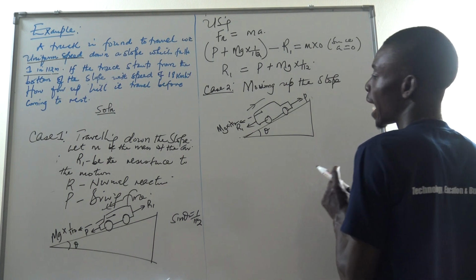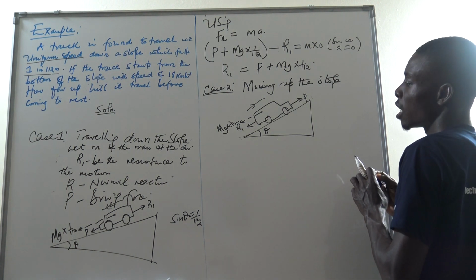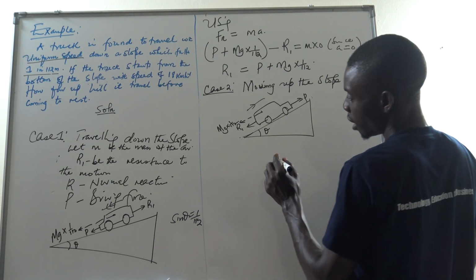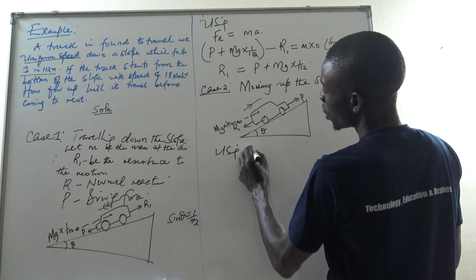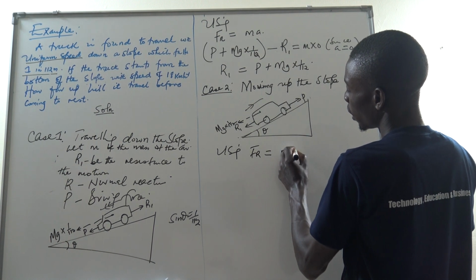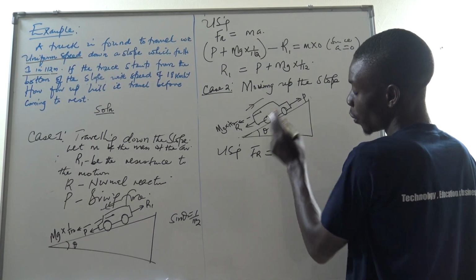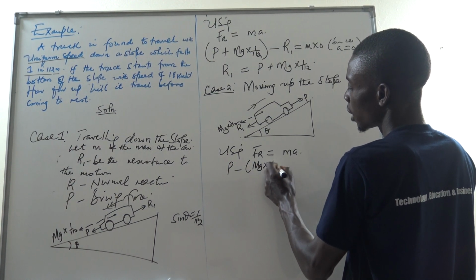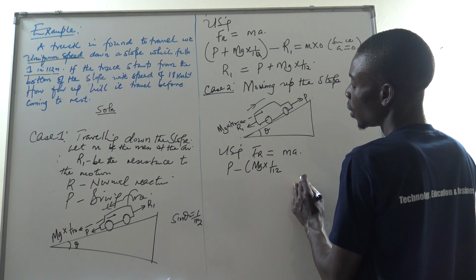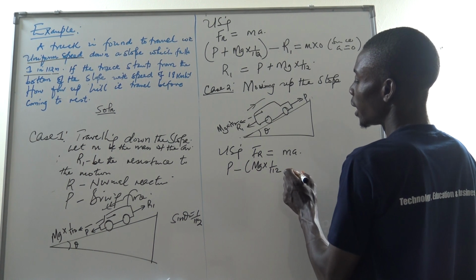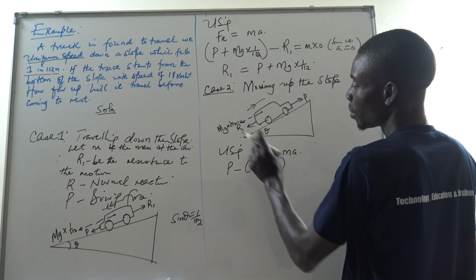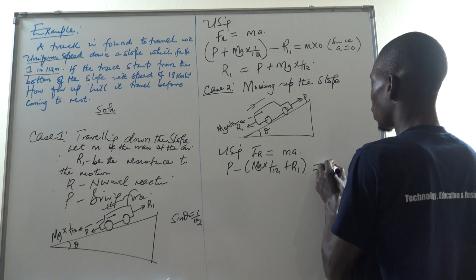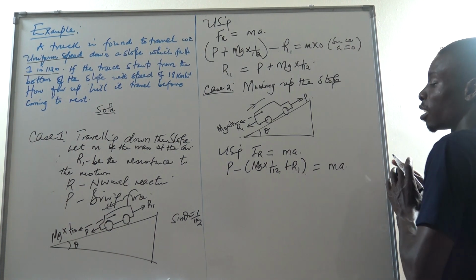So let's look at our value of acceleration. Using F equals ma, the force in the direction of motion is P, minus mg times 1 out of 112, minus R1, equals ma.